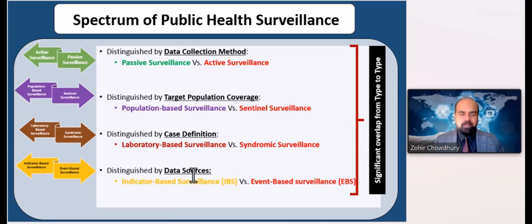And then the focus right now is distinguishing by the source of the data and the structure of the data. So indicator-based surveillance, IBS, or event-based surveillance, EBS. And of course, there's significant overlap between all of these surveillance systems.